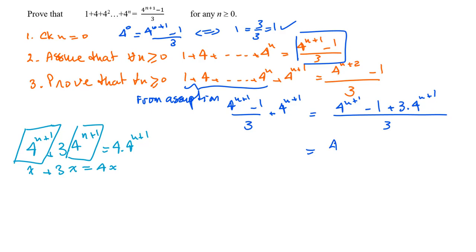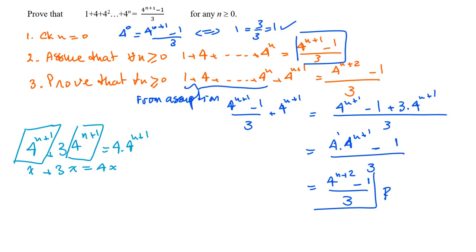So this side becomes 4 times 4 to the n plus 1, minus 1, over 3. With the same base, the exponent becomes n plus 2, minus 1, over 3. And this is the right hand side. So we went from the left hand side and we end up equal to the right hand side.